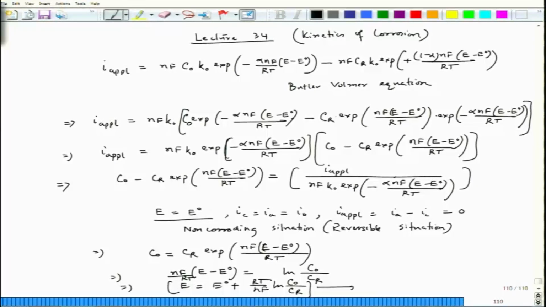So, this is nothing but the Nernst equation. So, we are also getting the Nernst equation.